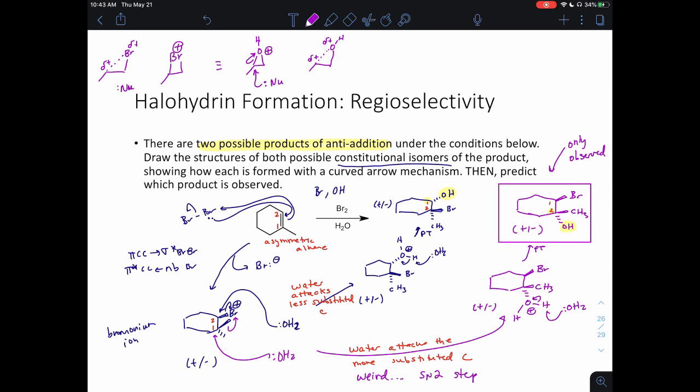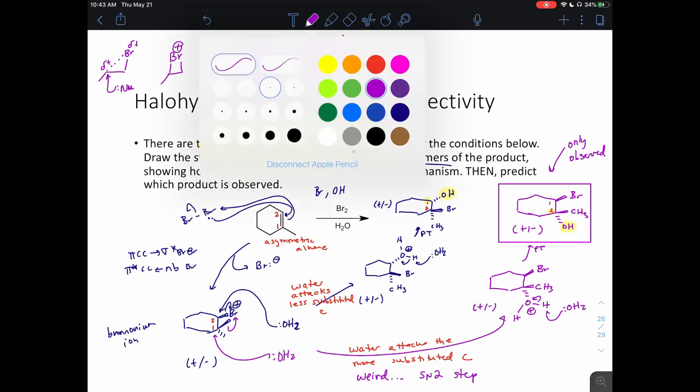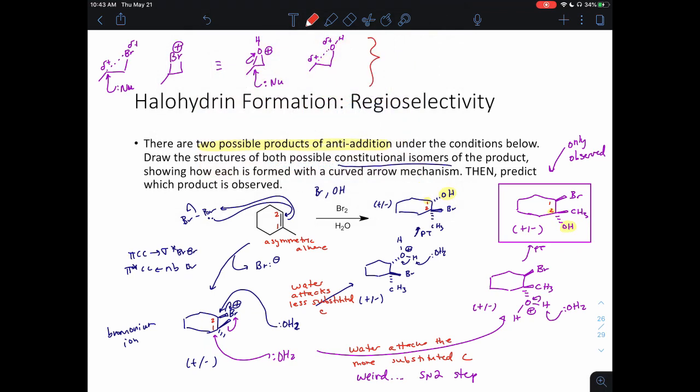So it floats by, it's attracted to the charge, and the negative electrons react with the more substituted carbon. So for bromonium ions and protonated epoxides, the more substituted carbon is attacked because that neutral nucleophile is just attracted to the partial positive that the more substituted carbon is sharing with either bromine or oxygen.